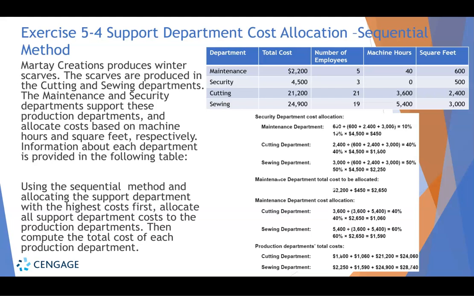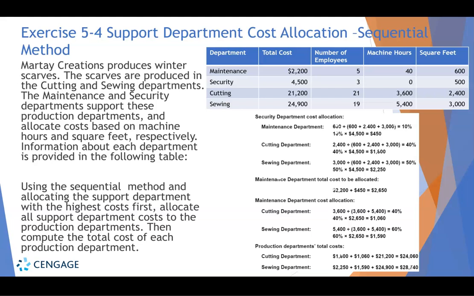And this is now based on machine hours. So for the cutting department, the 3,600 machine hours divided by 9,000 machine hours would be 40% of the maintenance department cost, and the sewing department would receive 60% of those costs.